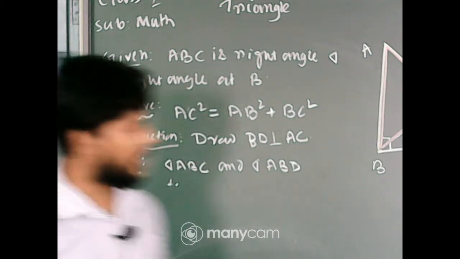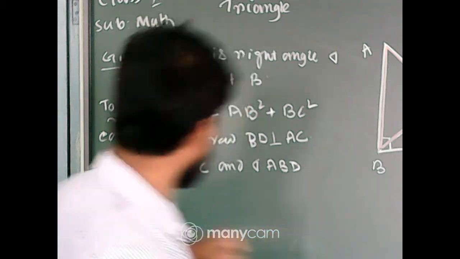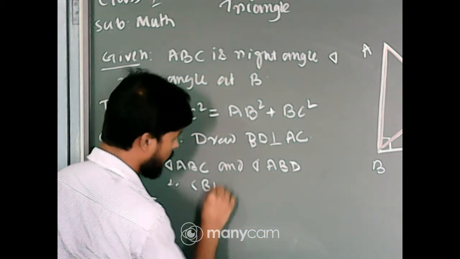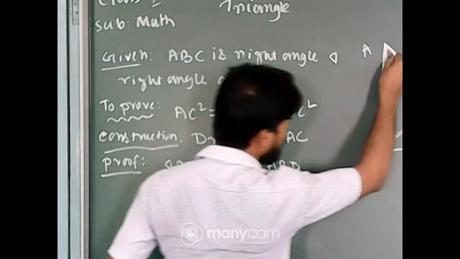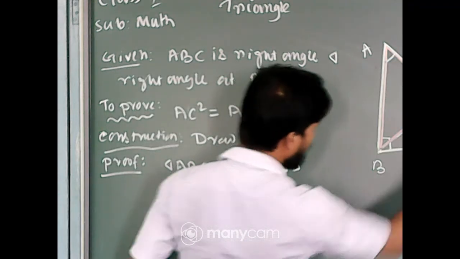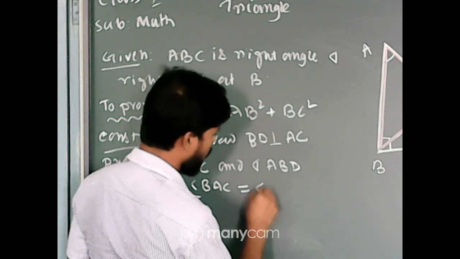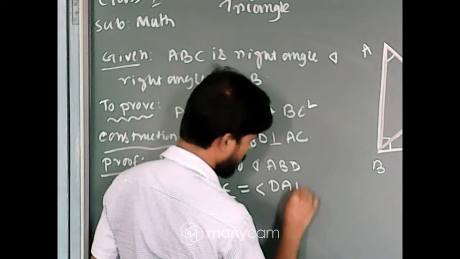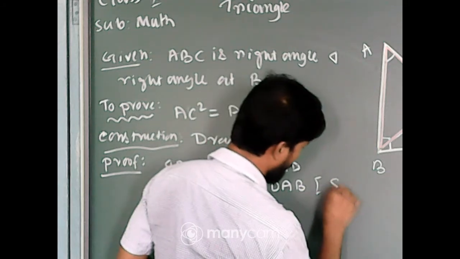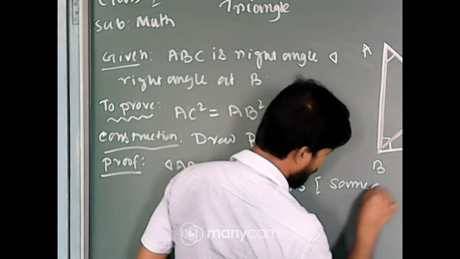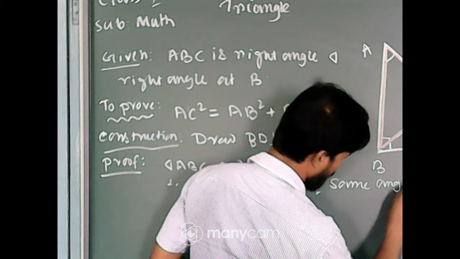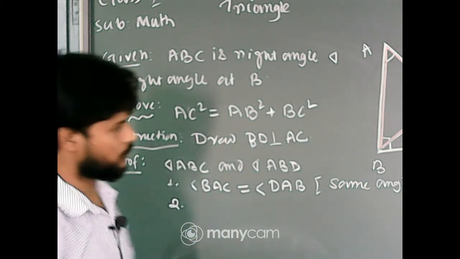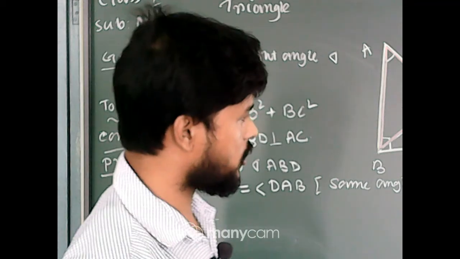Angle A is the common angle. So the first condition is angle BAC is equal to angle DAB. Reason: they are the same angle. And condition number 2, what will be the second condition?